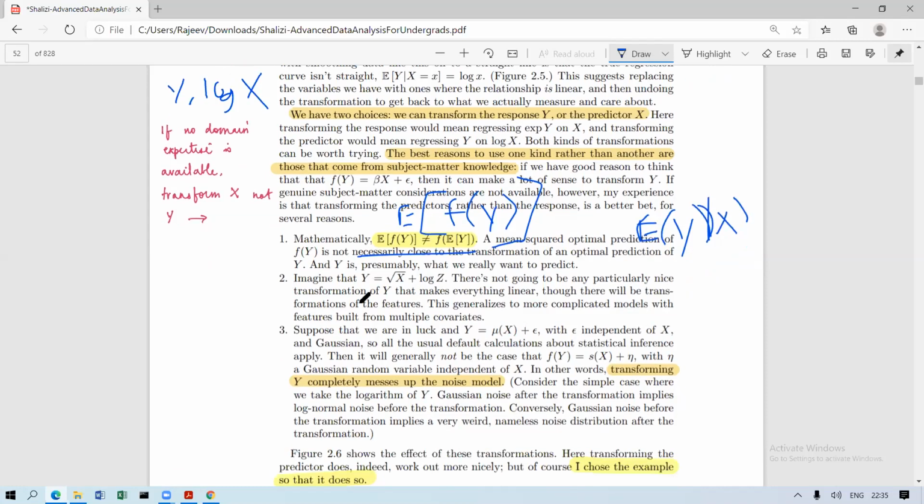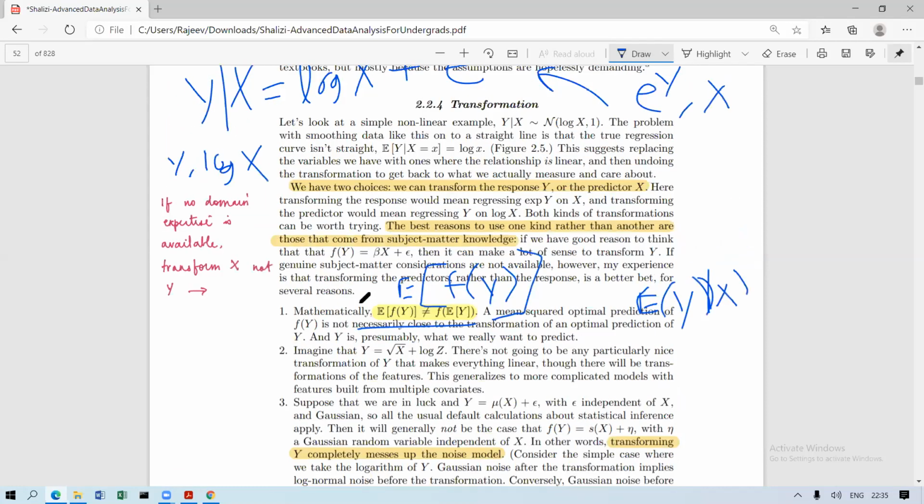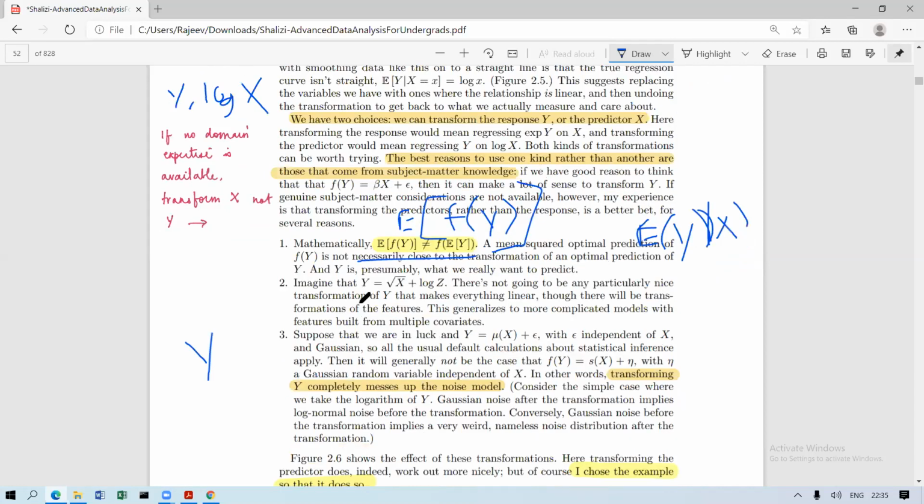That is the first reason. Second, as in the case I said, it's beta 1 x1 plus beta 2 x2 and so on. If you are transforming x, you can transform x1 separately. You can transform x1 to root x1, you can transform x2 to log x2. You can transform each xi separately if that is how y was modeled.